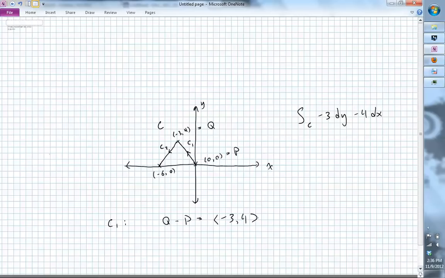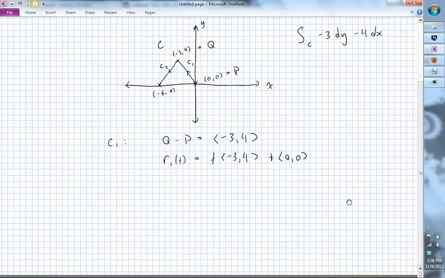And to build the line now, I'll call this R1 of t. I just take that thing and multiply it by t, and then I add a point on the line, which is, again, kind of pointless, but there it is. Whenever I write down a parameterization, I should also write down the range of t values for which this thing holds.